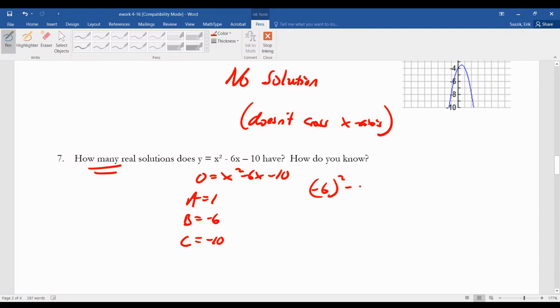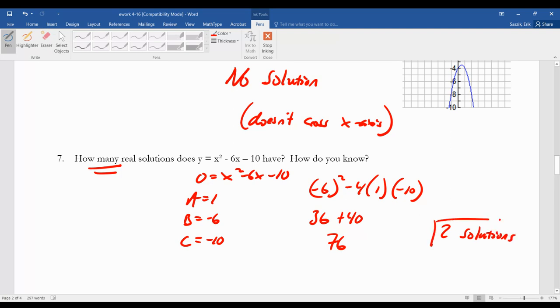B squared minus 4 times A times C. Remember, a negative times a negative becomes positive, so you end up getting 76. That's a positive discriminant. That means that you would have 2 solutions because the discriminant's positive.